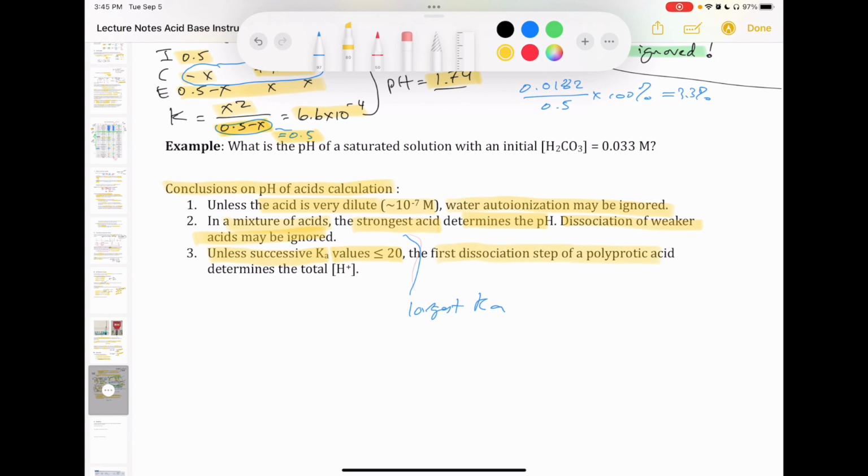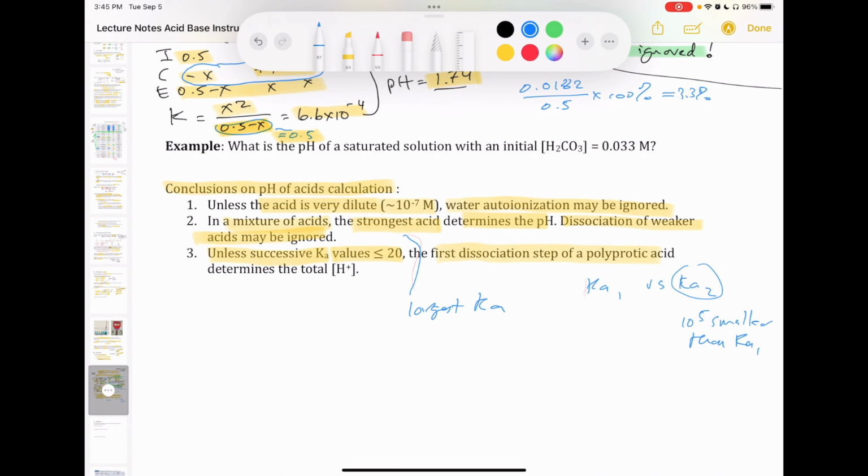You can just use that first dissociation step to determine the total H plus, and that was just shown in that last problem. By the way, most of the time, when comparing successive Ka values, Ka1 versus Ka2, Ka2 is going to be about 100,000 times smaller compared to Ka1. So you never have to worry about the second Ka becoming important in your calculation of pH.